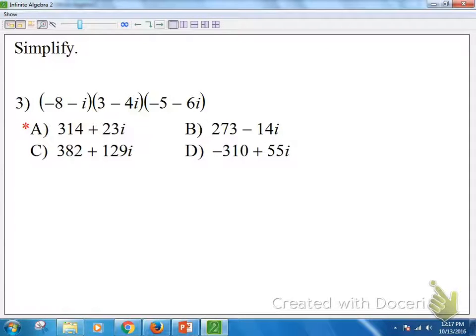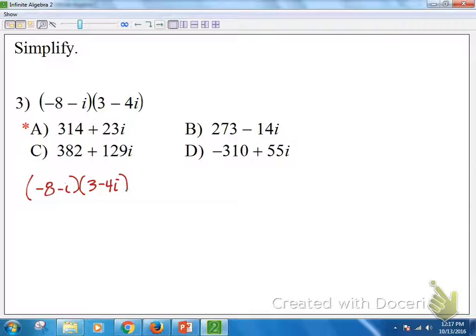Here's number 3. This one was a doozy, right? So here's the original problem, and I'm going to hide this last term here, okay? So you should first multiply negative 8 minus i times 3 minus 4i.